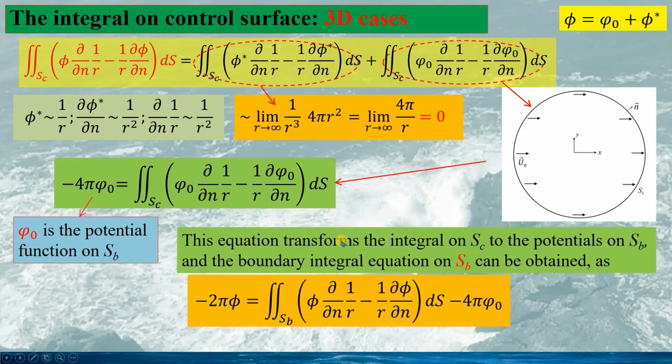This is the equation transforming the integral on SC to the value on SB, and thus the boundary integral equation on SB can be established as this. Here, the potential function phi and the potential function phi 0 are all on SB, and the integral is on SB as well. So this boundary integral equation is the boundary integral equation on SB only.